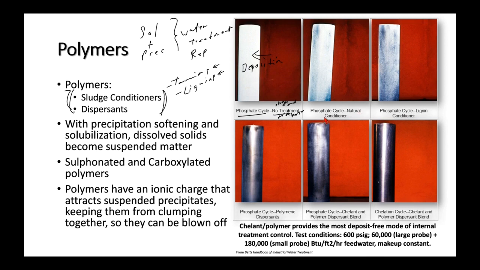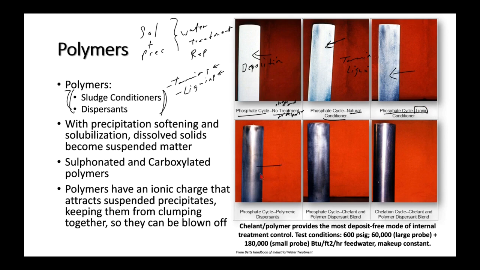And then say, oh, if we use a natural conditioner, like a tannin and a lignin, we actually got less scale deposition, a little bit cleaner. And then this one here is phosphate cycle with a lignin, a little bit cleaner yet.